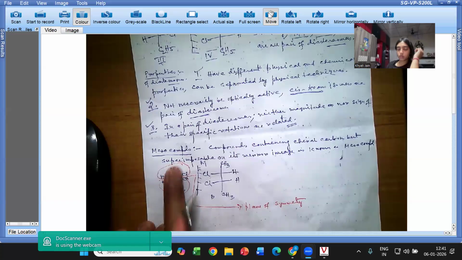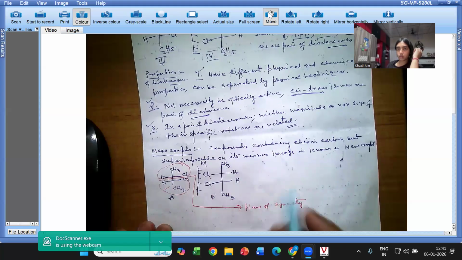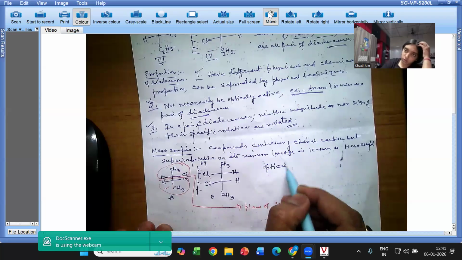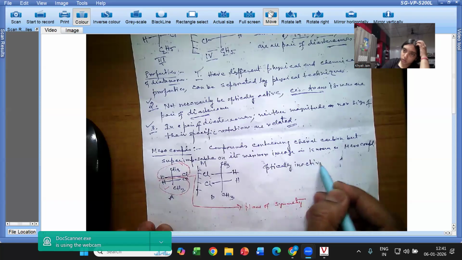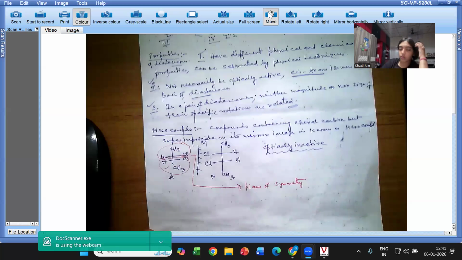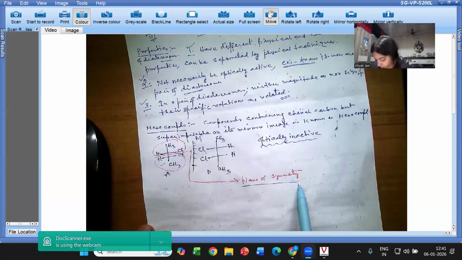Am I clear to you? Yes, sir. That's why, although it has chiral centers, it is optically inactive. So this is important for your exam purpose. A meso compound will be optically inactive, although it has chiral carbons, because of the plane of symmetry.